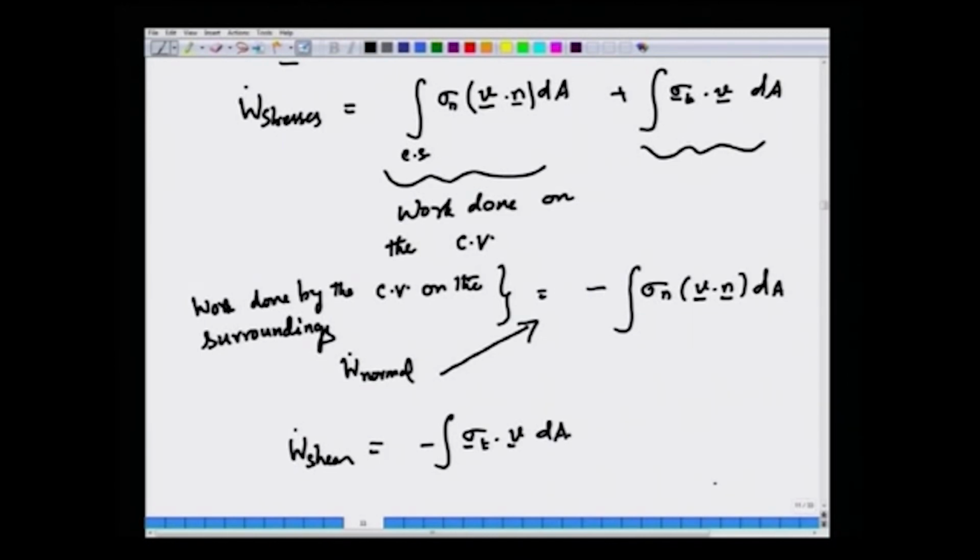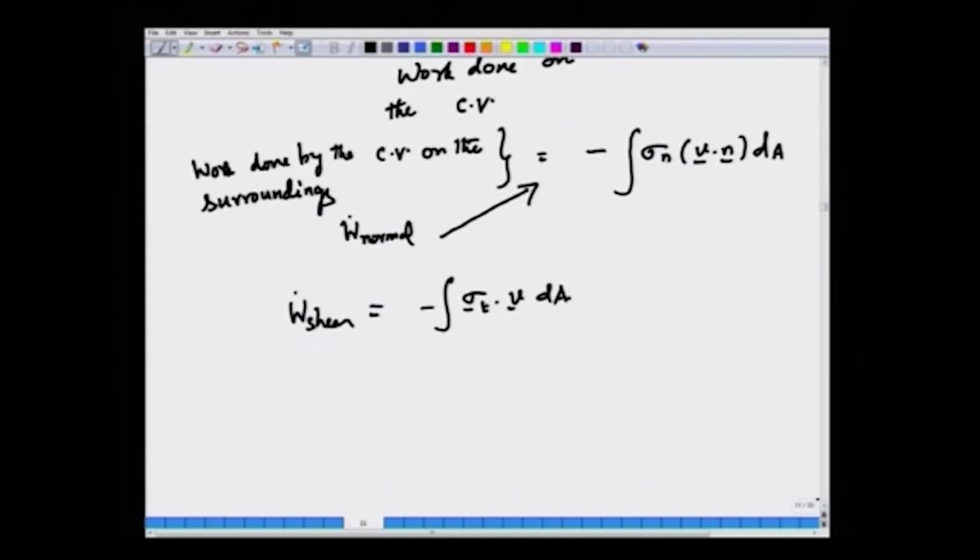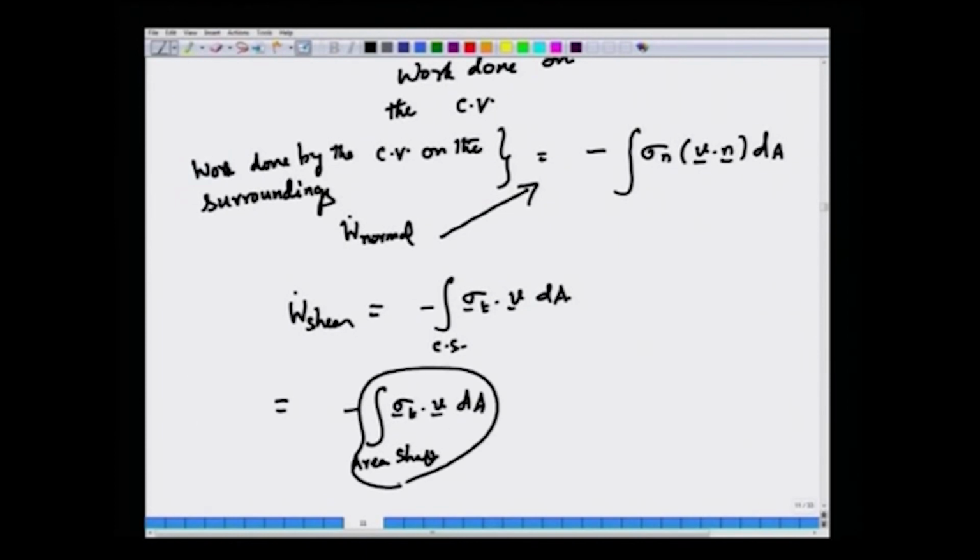Now, what are the various components of the shearing forces? There are three types of areas. One is the area over shafts, sigma T dot V. This we already have accounted for as the shaft work. So, this entire thing is called the shaft work, minus integral sigma T dot V dA over solid internal surfaces, minus the A flow part, sigma T dot V dA.